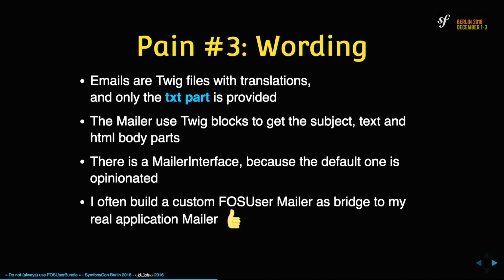And so you also have some templates to write to have beautiful emails from the bundle. What I do most of the time is that I don't use the FOSUserBundle mailer. I just do my own implementation of the interface to bridge between FOSUserBundle and my own applicative mailer, because I don't use Twig all the time, for example.